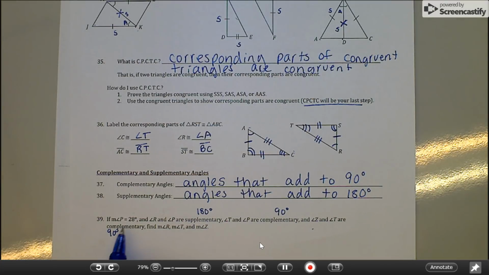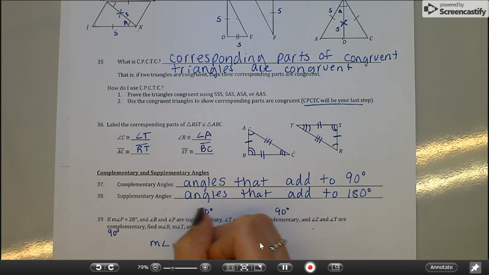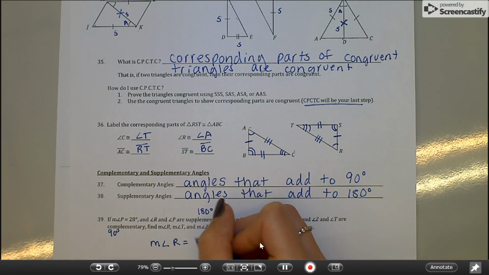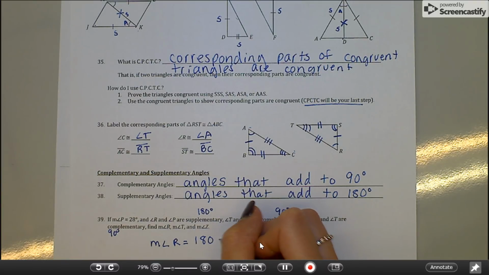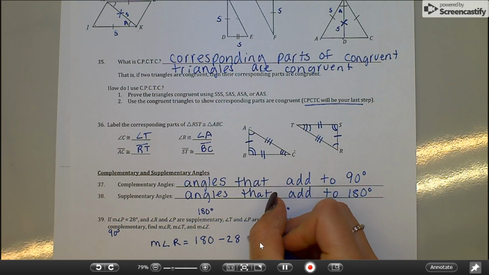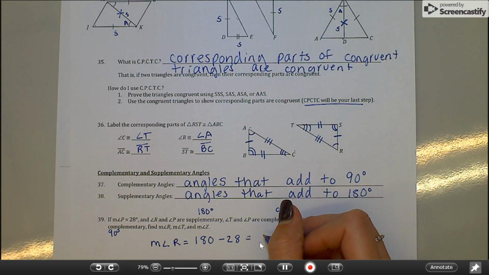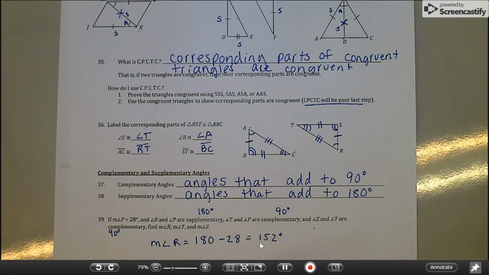Well, if we know that R and P are supplementary, then we know that the measure of angle R is equal to 180 minus 28, because we know that these two, R and P, would add up to 180. If we know one of them, then we would know the other. When you subtract 28 from 180, you get 152 degrees. So measure of angle R is 152 degrees.